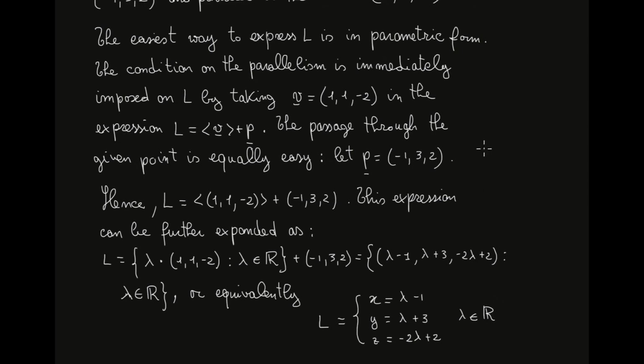I would like once again to remark that the expression in parametric form, although in this case it has been almost immediate, does not lend itself to an easy way to use it in practice. This is because, for example, suppose that we have to find whether a certain vector belongs to L or not. I don't know, vector (3, 5, 8). Does it belong to L or not?